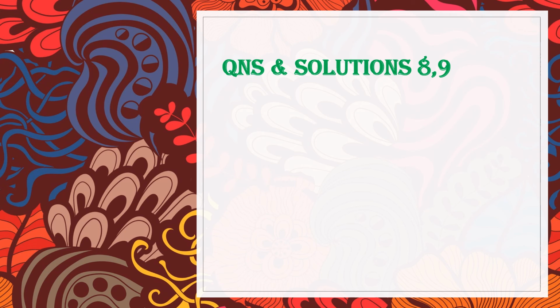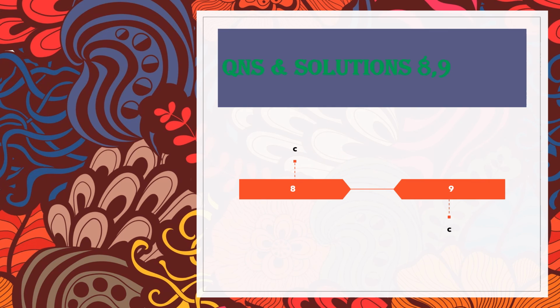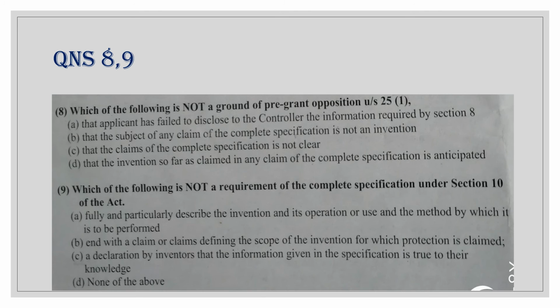Now questions and solutions for question number 8 and 9. The correct option for question number 8 is C, and the correct option for question number 9 is also C. Let us find out the questions. Question number 8. Which of the following is not a ground for pre-grant opposition under section 25 subsection 1?